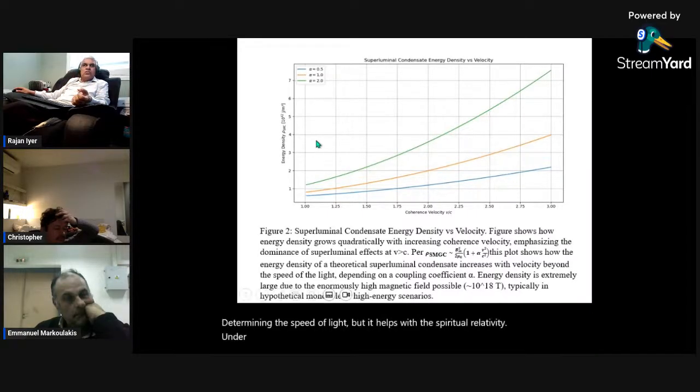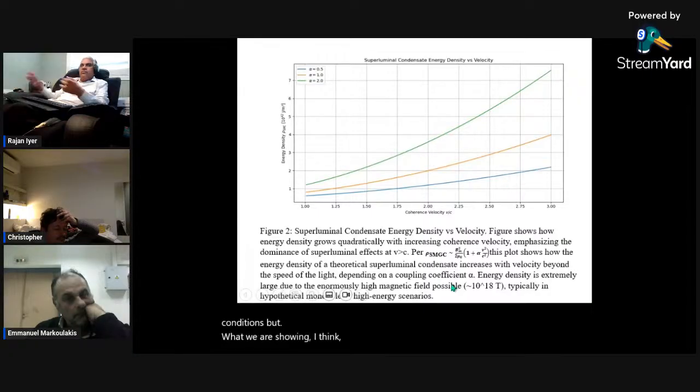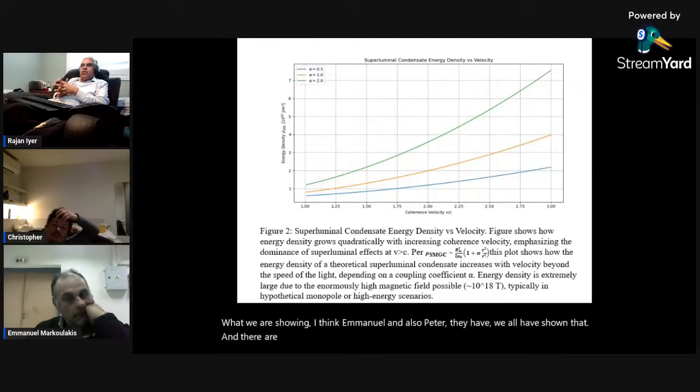So Lorentz aspects, because it will violate Lorentz conditions. But what we have shown, I think Emmanuel and also we all have shown that, and there are some papers that show that it doesn't really violate Lorentz if we use specific conditions.